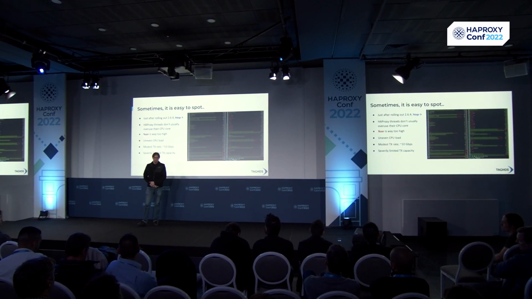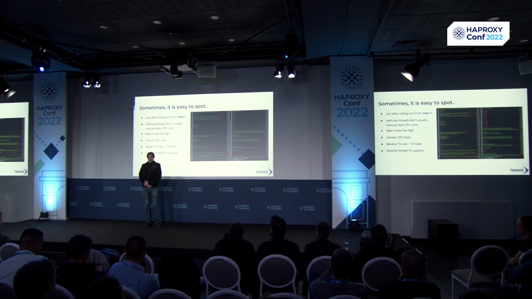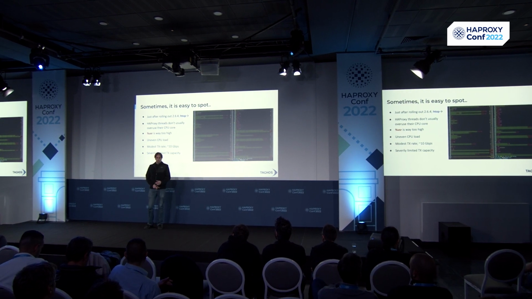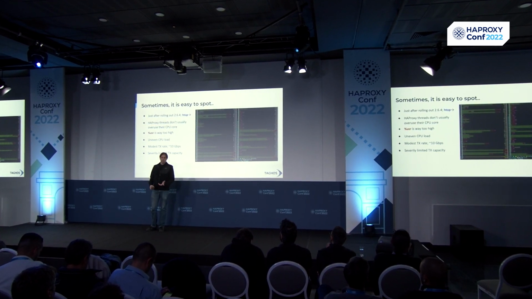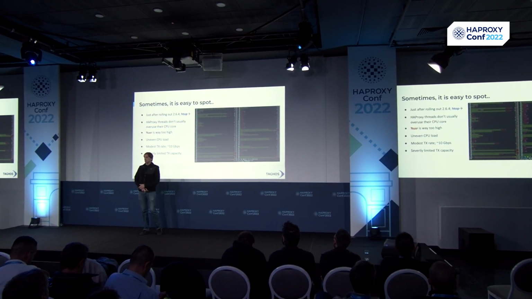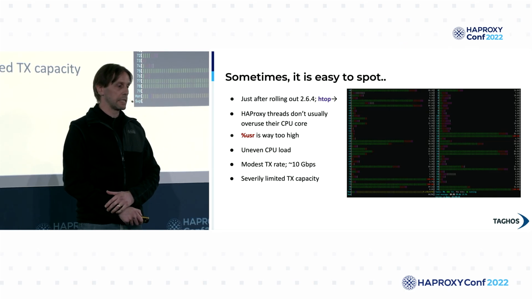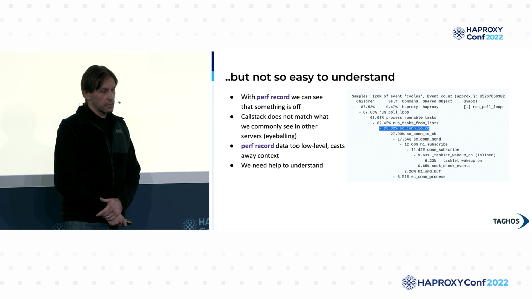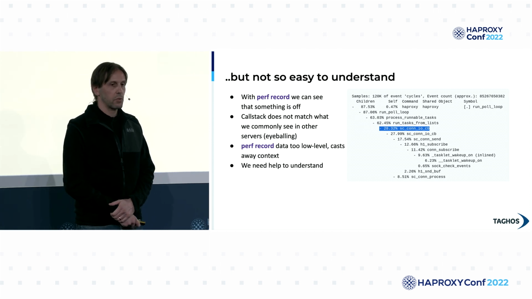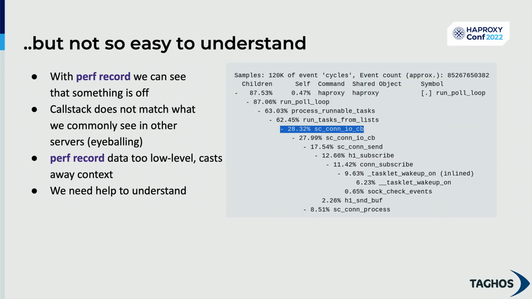That's not even a warm-up these days. And it was actually that limited because HAProxy was choking on CPU and was not able to make progress on transmitting data. So we collected data from perf record, which is pretty much our first approach.